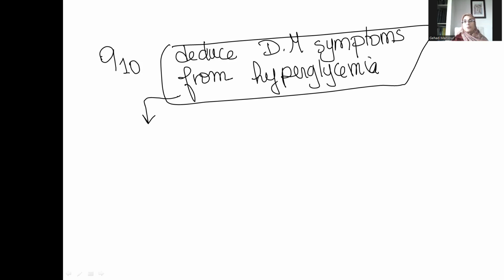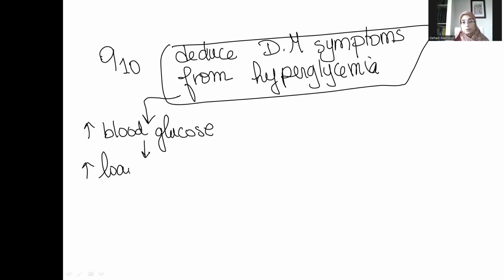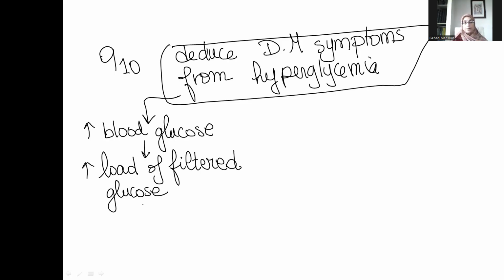So when you have hyperglycemia, this means elevated blood glucose levels. And elevated blood glucose levels mean there will be increased load of filtered glucose at the glomeruli.